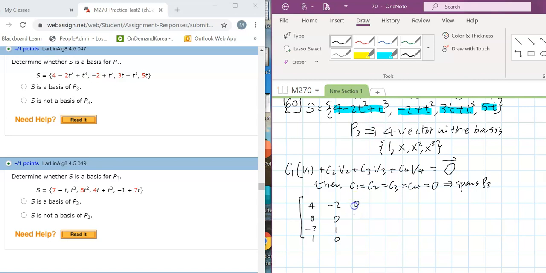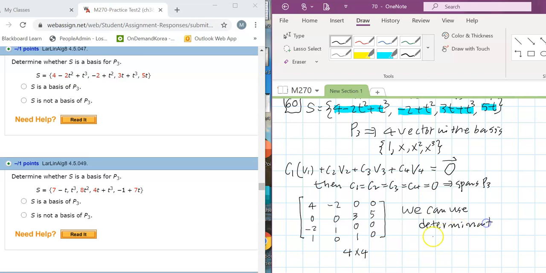And this is 0, 3, 0, 1. Last one is just 5t, right? 0, 5, 0, 0. Okay. Oh, this is a 4 by 4. Okay. So we can use determinant.